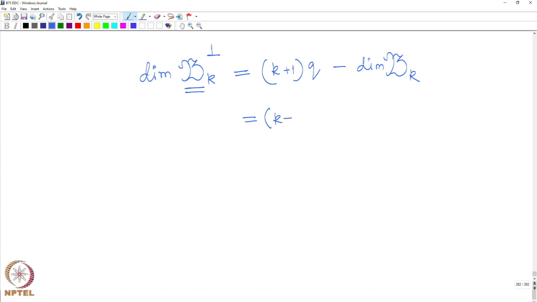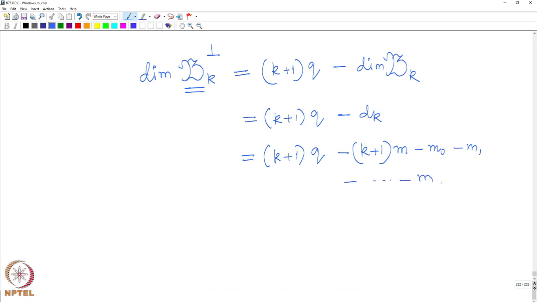That is (k+1) times q minus d_k, which equals (k+1) times q minus (k+1) times m minus m0 minus m1 minus dot dot dot minus mk.